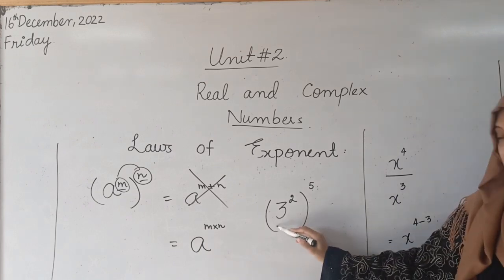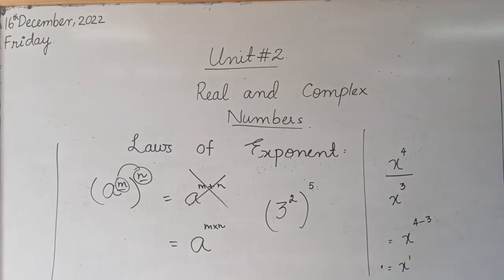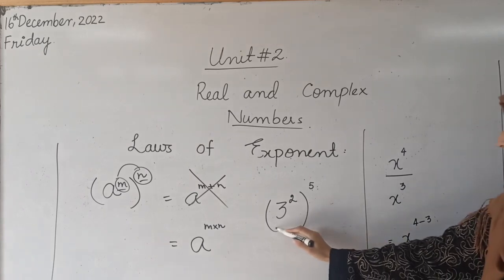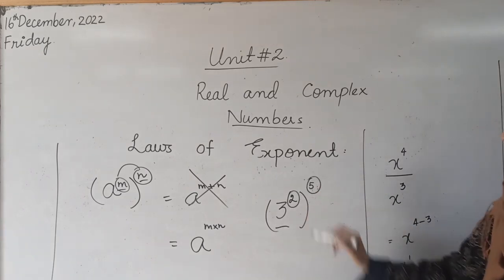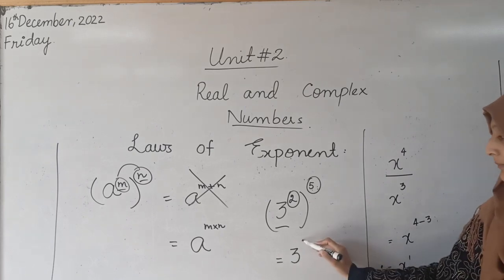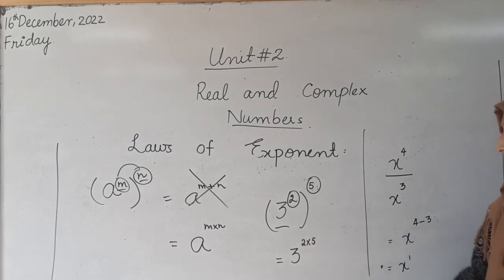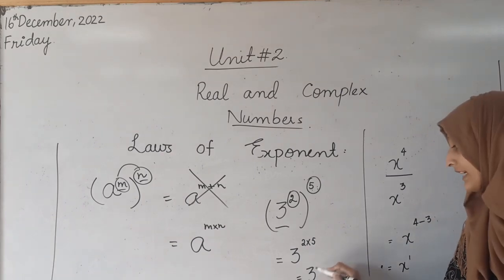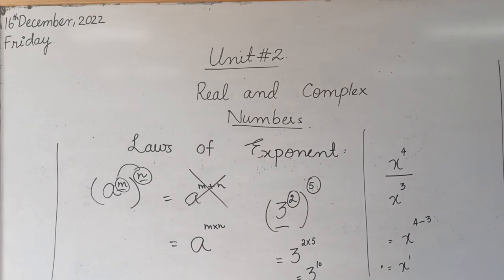Here we have a single exponential number. Base is 3 but we have two powers 2 and 5. So we'll write simple base 3 and the powers will multiply. 2 multiply 5, which is equal to 10. 3 raised to power 10 is our answer.